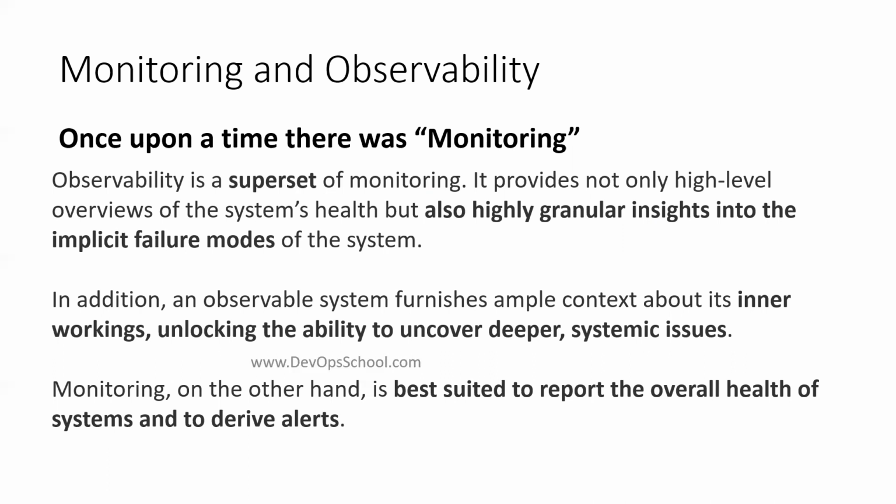In addition, an observable system furnishes ample context about its inner working, code level, unlocking the ability to uncover deeper systemic issues. Monitoring, on the other hand, is best suited to report the overall health of the system and derive alerts.